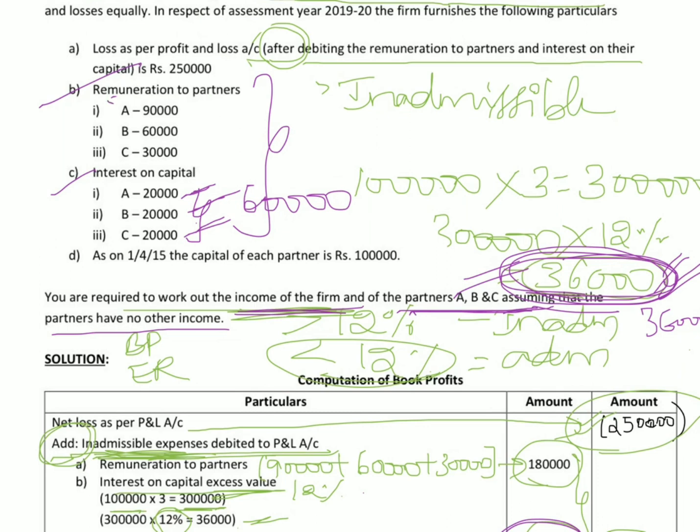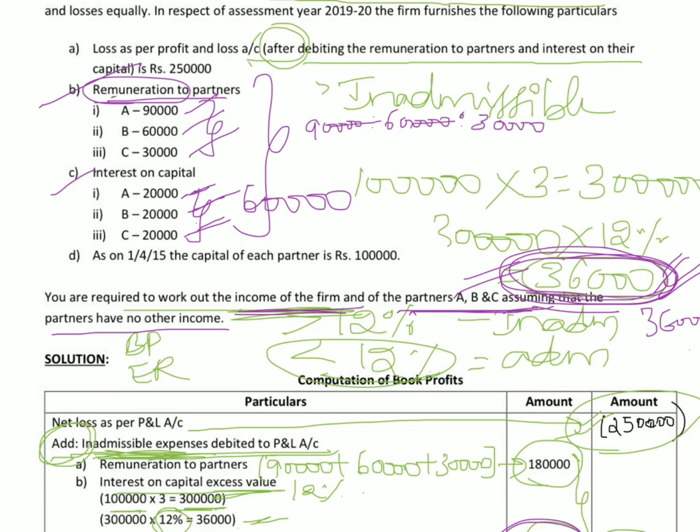The next income is remuneration to partners. It is partner A 90,000, partner B 60,000 and partner C 30,000. The income of each partner in the form of remuneration is different, so they will pay tax in their respective income ratios, that is 90,000 is to 60,000 is to 30,000.